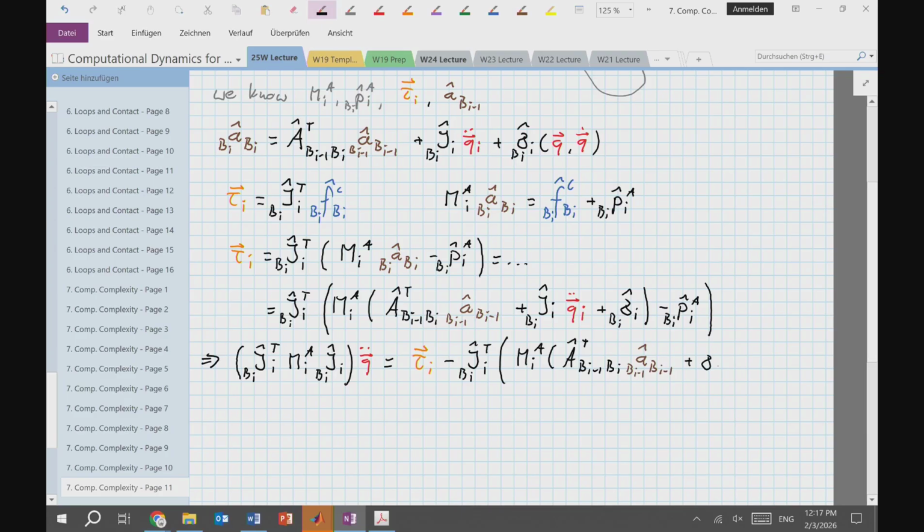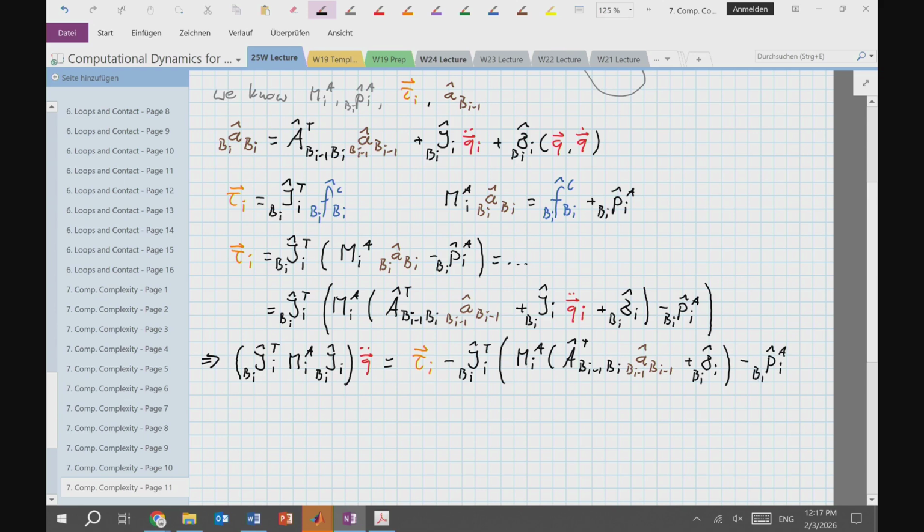We have taken care of the Jacobian times q double dot, but we have to think about the bias accelerations. And then we have the bias forces.